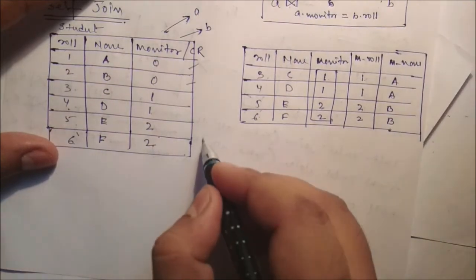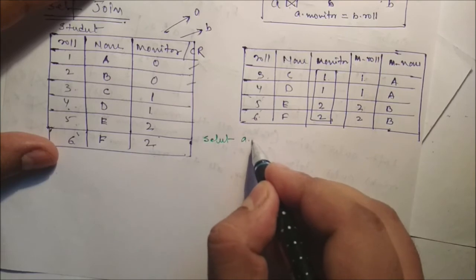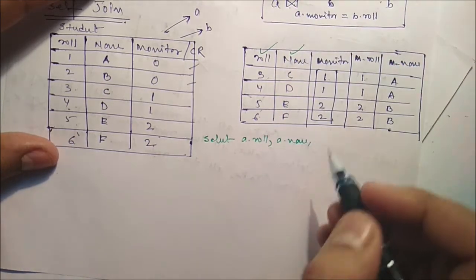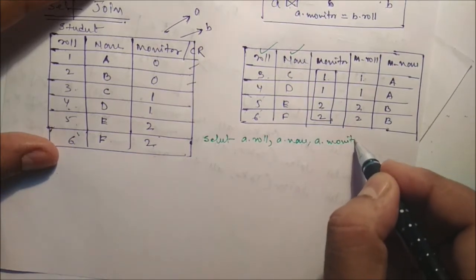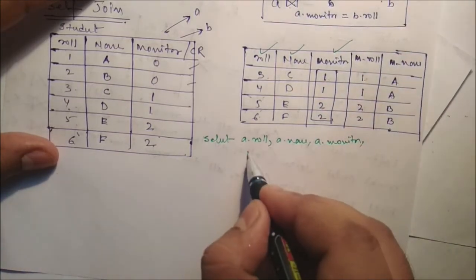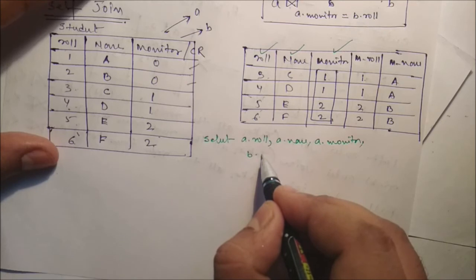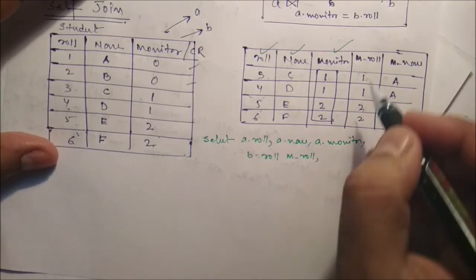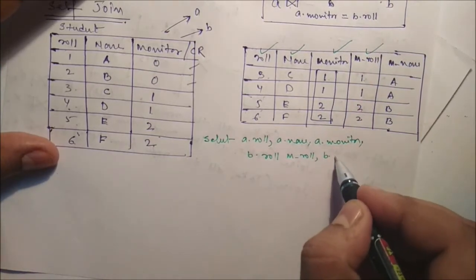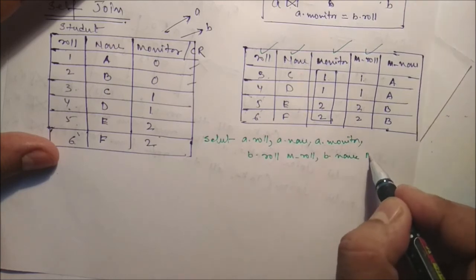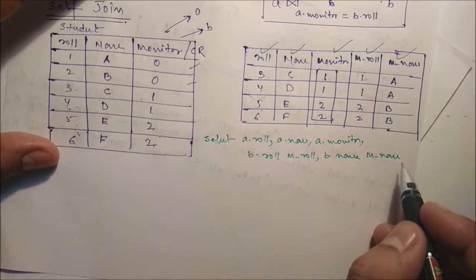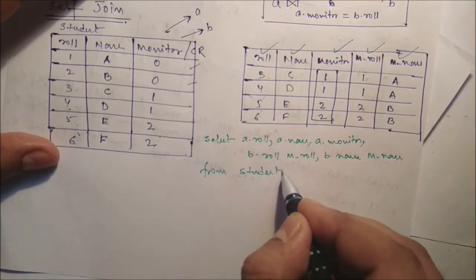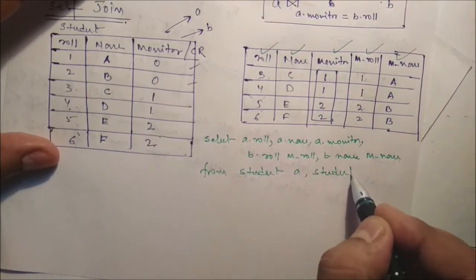We have to write it this way: select A dot roll number, A dot name, A dot monitor, then B dot roll number as monitor roll number, B dot name as monitor name, from the same table student, student A and student B.